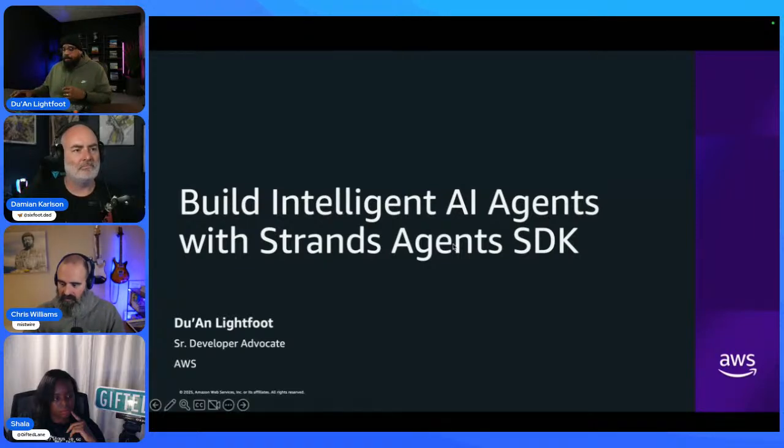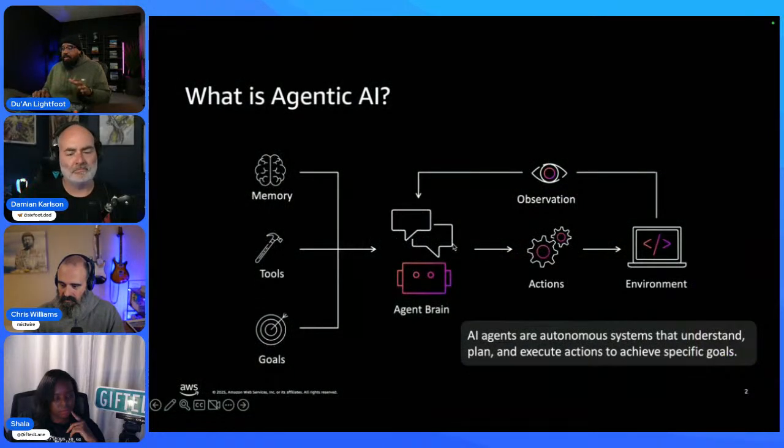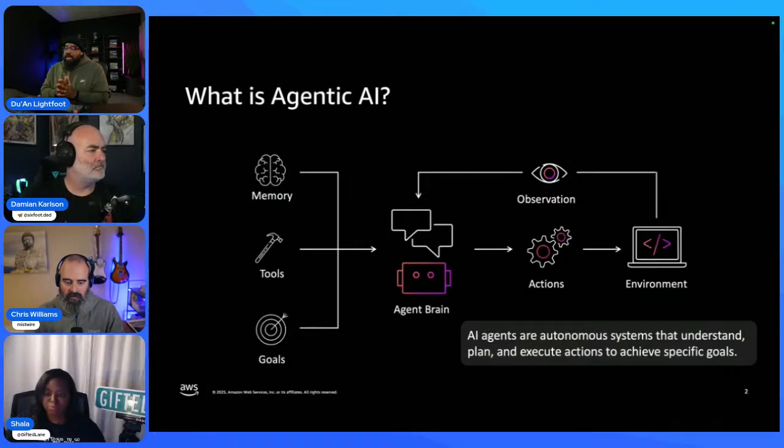For those of you that aren't familiar with agentic AI and what it is, I'm going to break it down simply. We'll go through a few slides, talk about that, then we'll talk about Strands. So when we think about an agent, at the center of it is the AI brain. That's going to be your large language model. The thing about an agent is that it's able to reason.